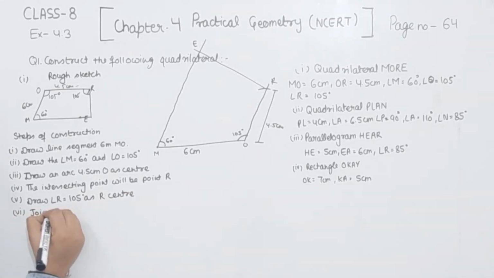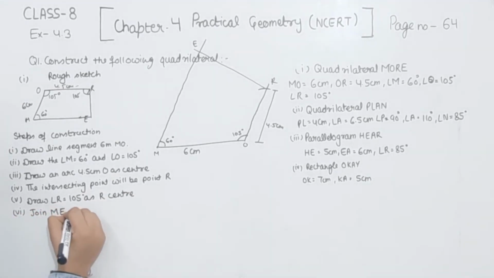Join ME and RE. So this will be the required quadrilateral MORE we will have.